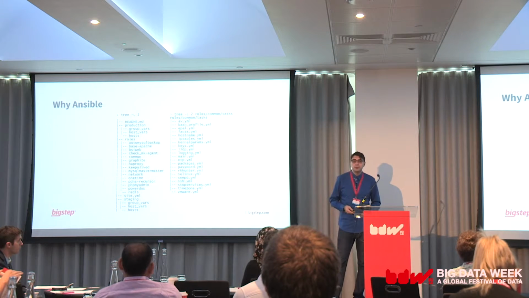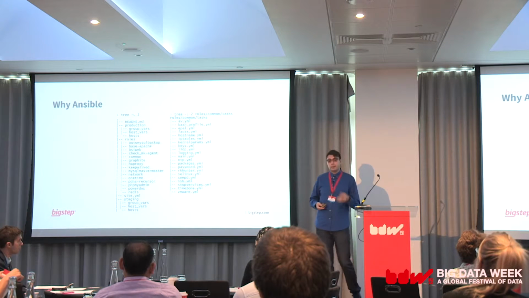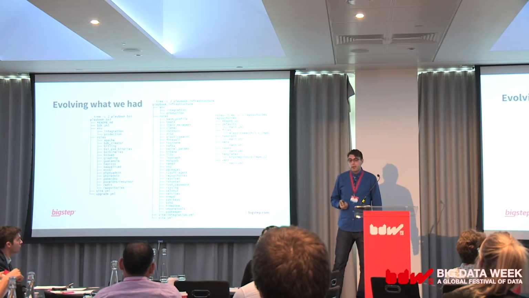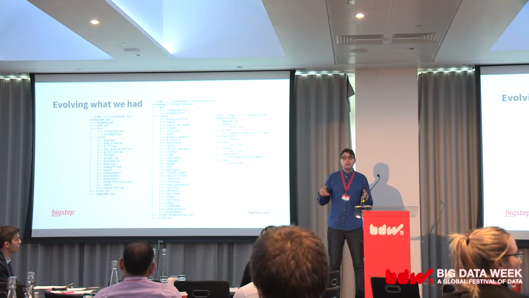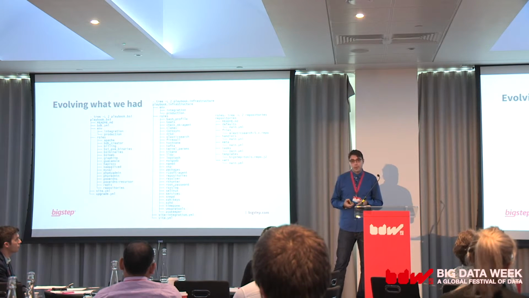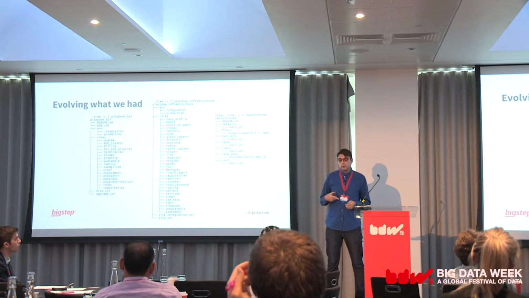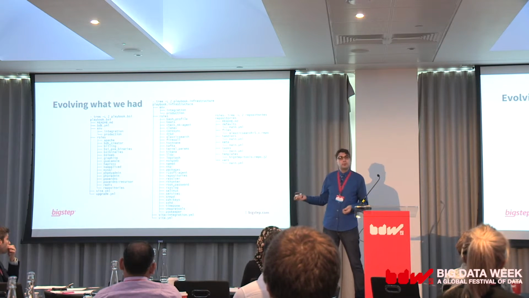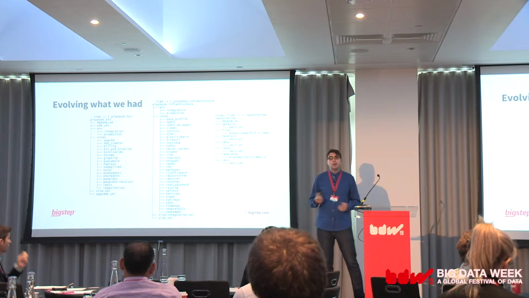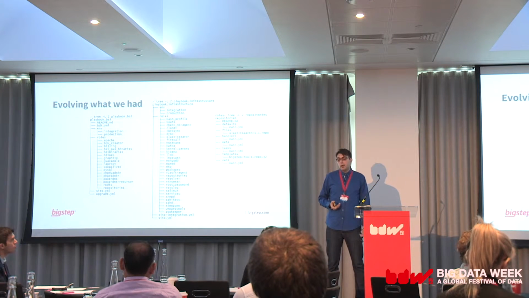About a year ago, we started rewriting everything that we had, and we separated that playbook into two separate playbooks. We now have a bunch more roles than before, and we got rid of that common role that did a lot of things.